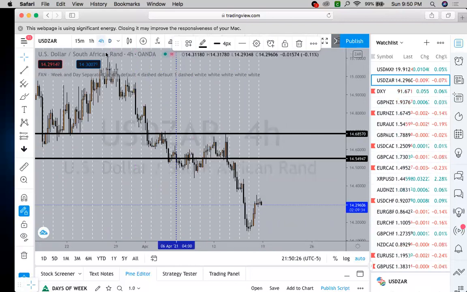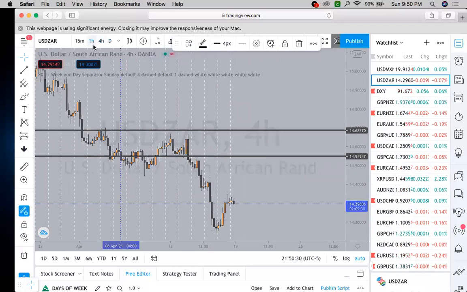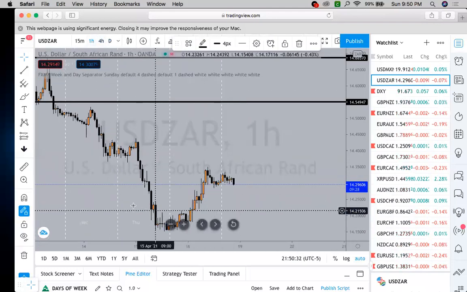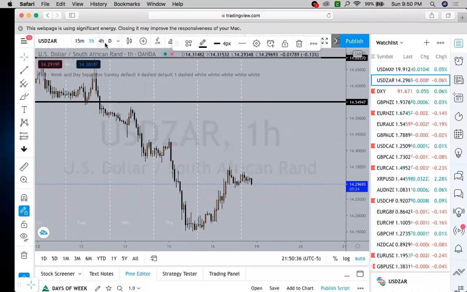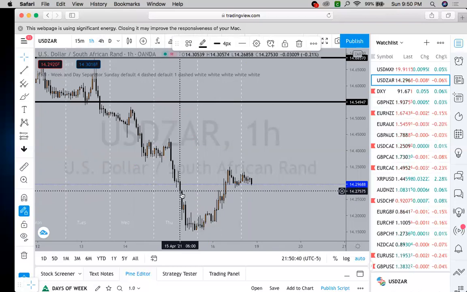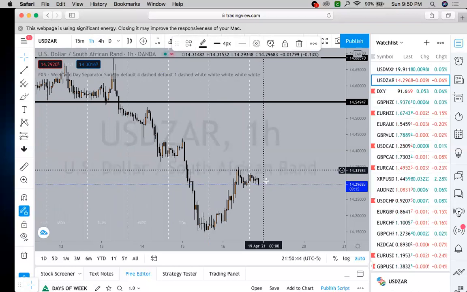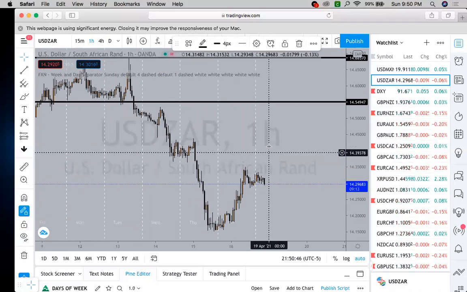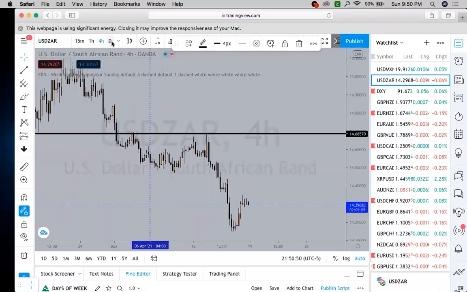ZAR, of course they've got to induce buyers. It looks like they're getting ready to do that, more than likely off support and resistance, break and retest. So expect a little push to the upside to induce buyers before it reverses.